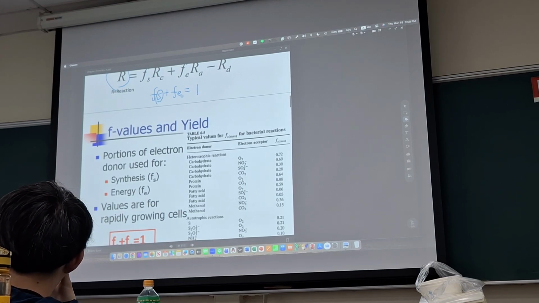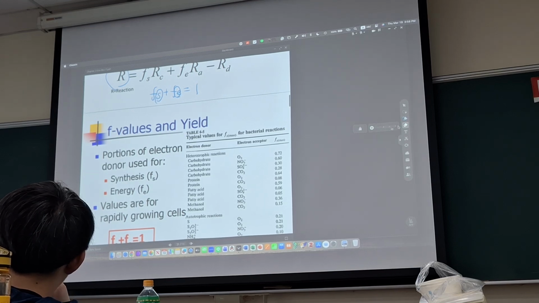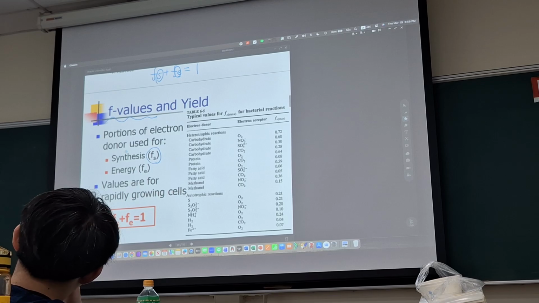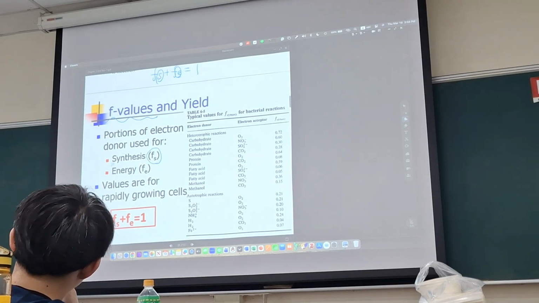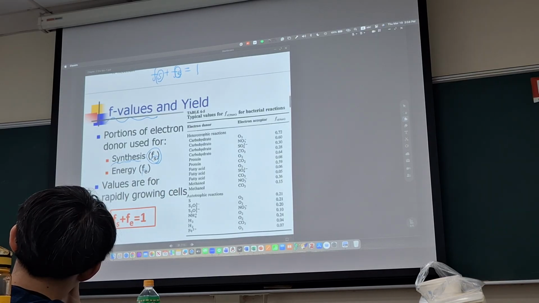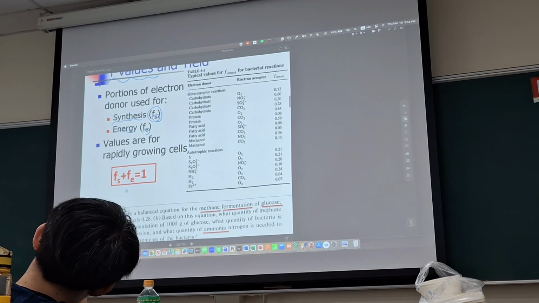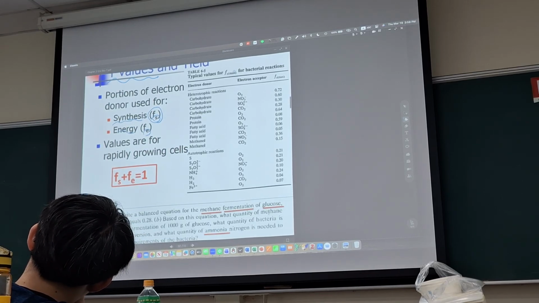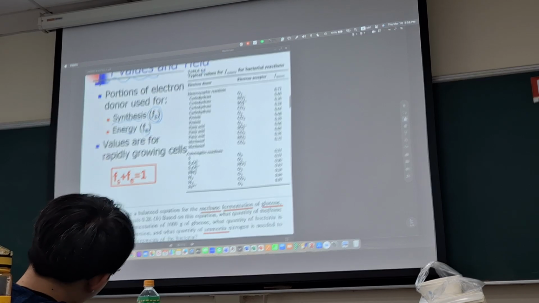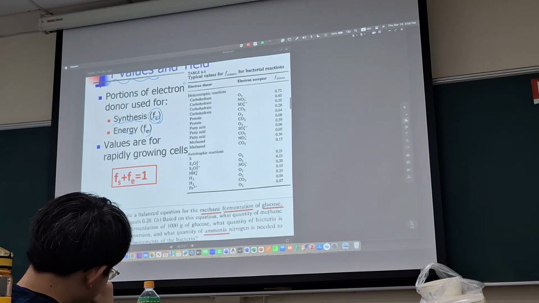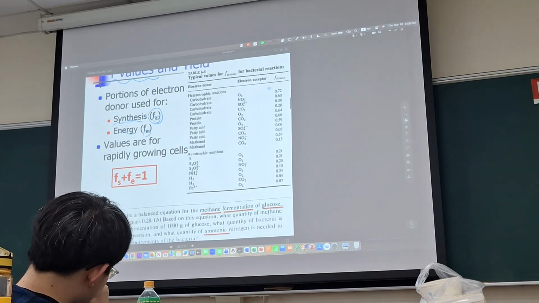S stands for synthesis, E stands for energy, and F means factor, the F value. If we add them up, it equals 1. Table 6.5 in the textbook gives you the Fs value. If you need the Fe value, you just use 1 minus Fs.